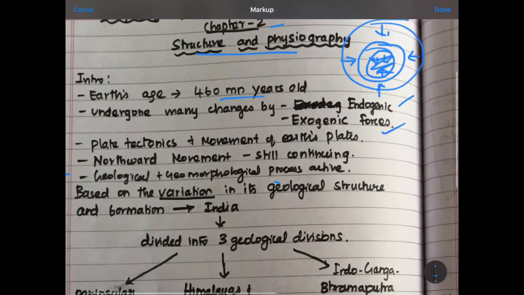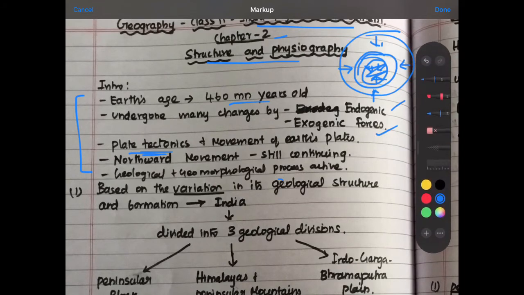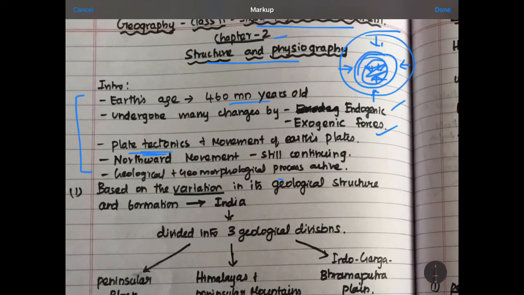Apart from these, we also know what plate tectonics is. It is a theory that deals with the explanation of the structure of the earth's crust. It says that above the mantle we have lithospheric plates, and their movement causes different changes of landforms.